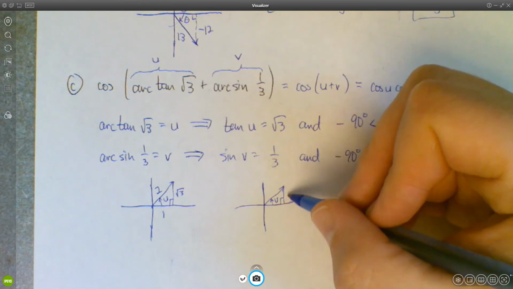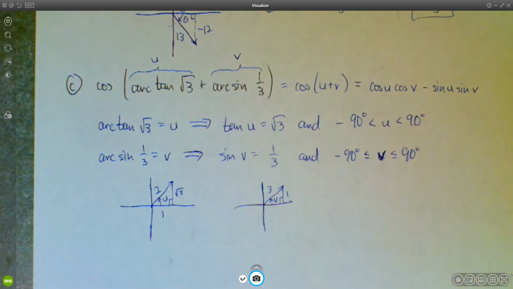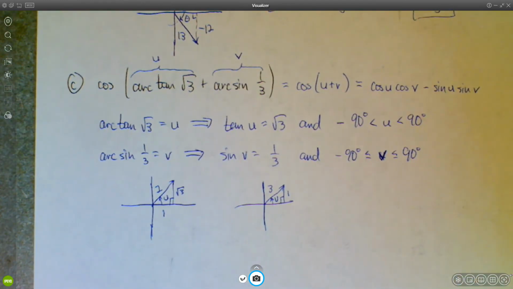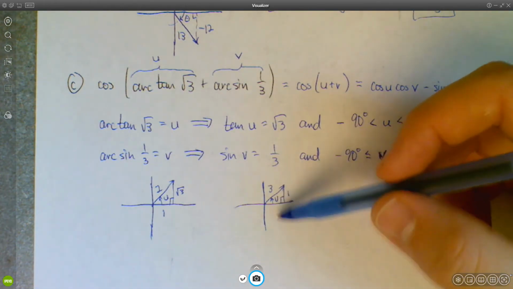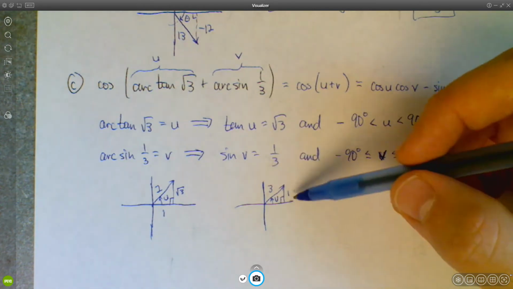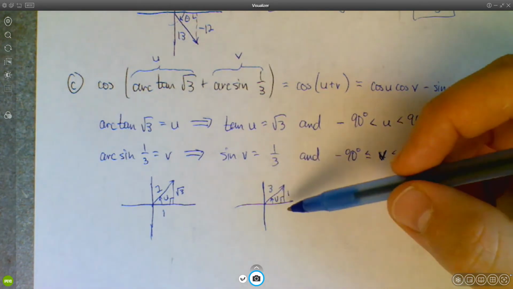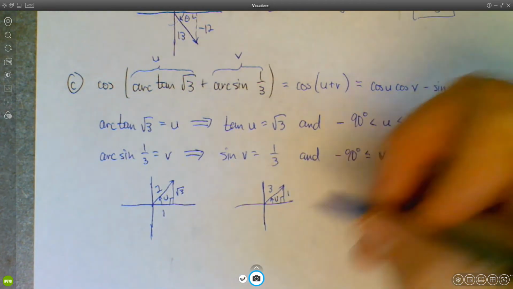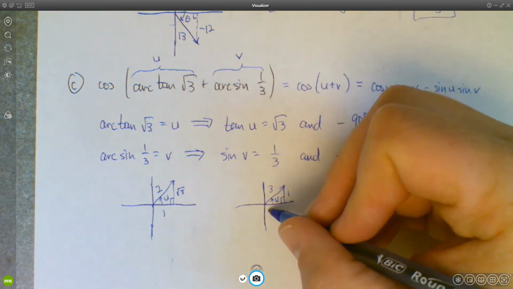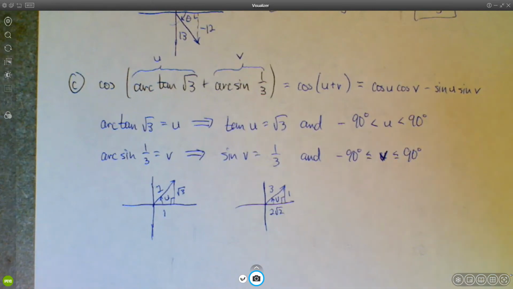Sine of v is opposite over hypotenuse. So 1 squared plus something squared equals 3 squared. So 1 plus something equals 9, so the something squared equals 8. So the square root of 8 is 2 root 2. This should be 2 root 2.